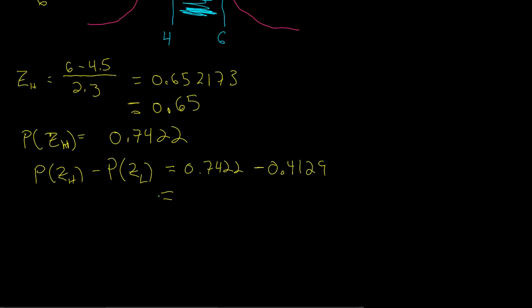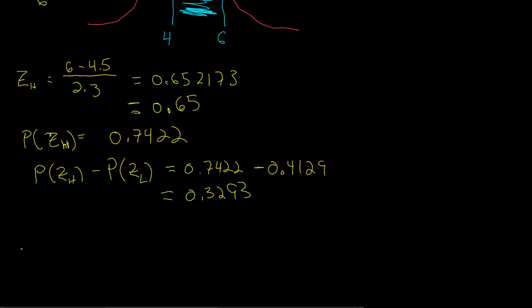And so the probability of being between 4 and 6, 0.7422 minus 0.4129 is 0.3293. And so we now know the probability if we randomly chose someone that their score would be between 4 and 6.